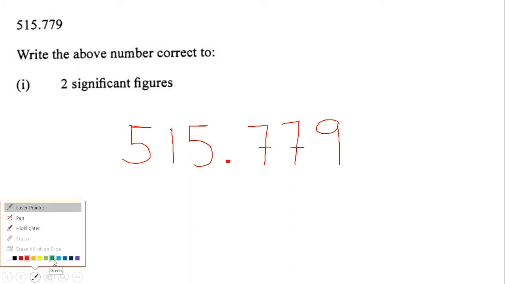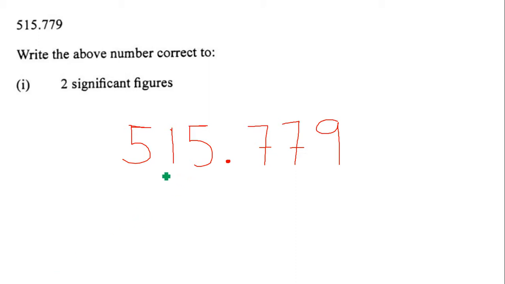So we're rounding. Okay. So we're going to underline the number 1. Now we're going to look at the number behind 1 and we're going to circle that number. And that number is 5.